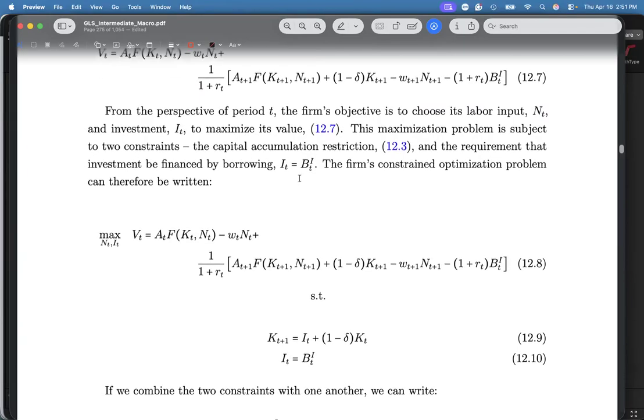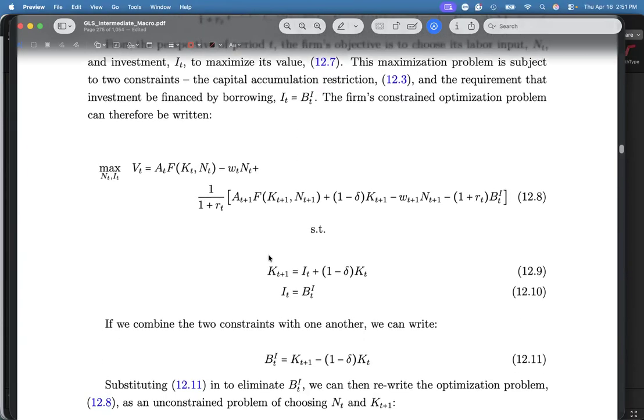Ano yung mga constraints natin? Let's just jump straight to the constraints down here. You will maximize D1 and the present value of D sub T plus 1, I should say, subject to the law of motion of capital, wherein yung I is the one that's being chosen, and I happens to be PIT.